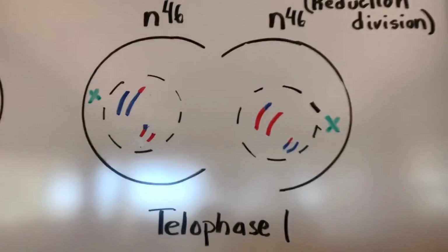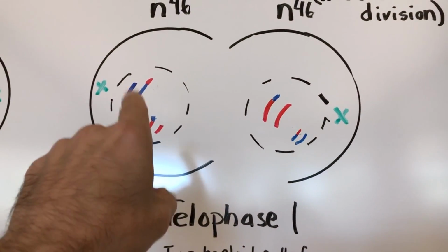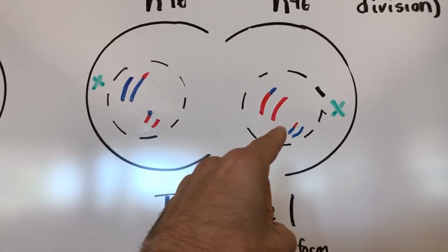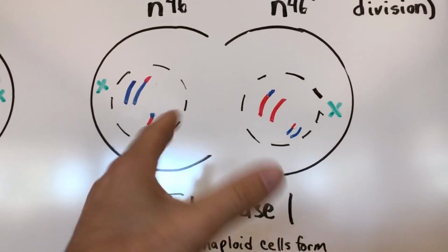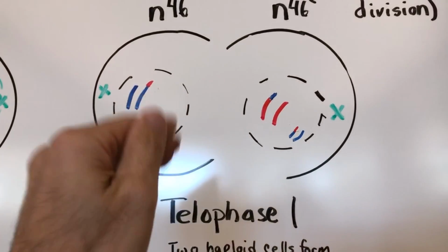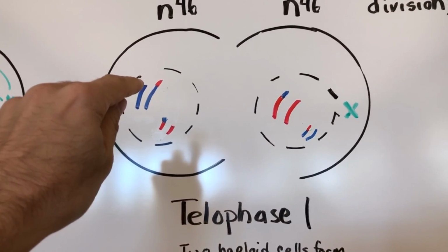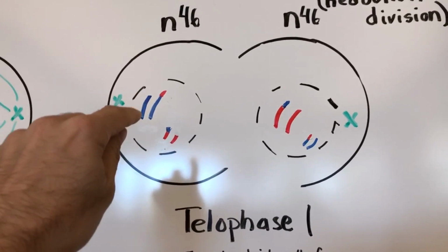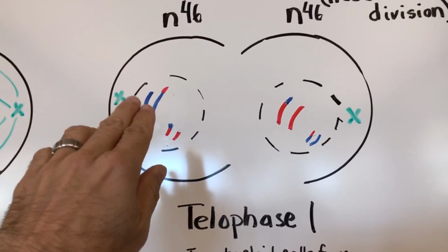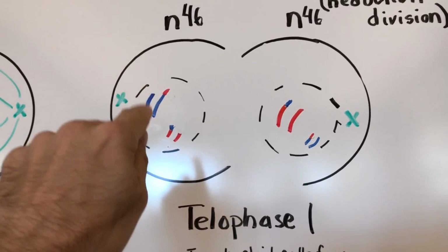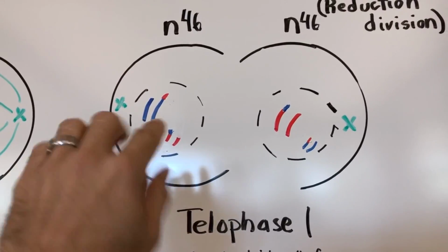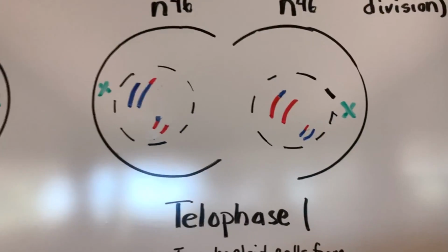Does that make sense? So even though, yes, technically this cell has 2 sets of chromosomes and this cell has 2 sets of chromosomes, because they're not homologous sets of chromosomes, that's not diploid. In layman's terms, because you don't have a dad's chromosome 1 and a mom's chromosome 1 to back it up, you just have 2 of dad's chromosome 1, that's not diploid, that's haploid.